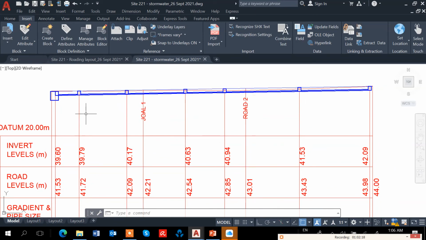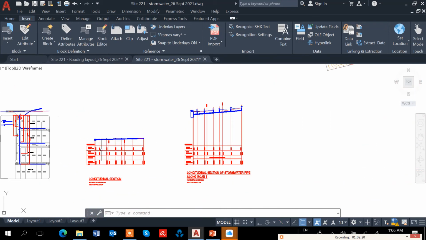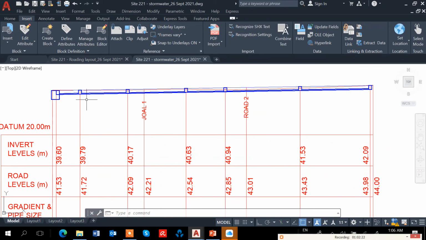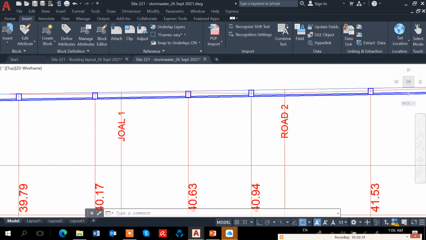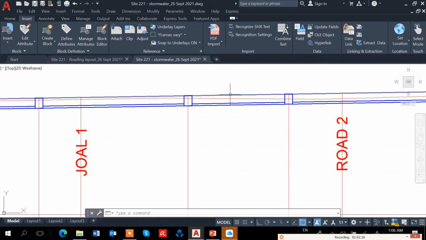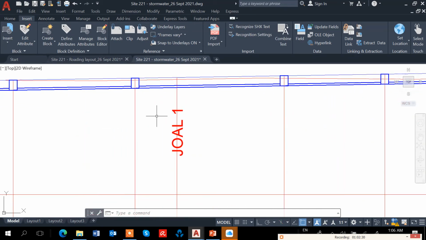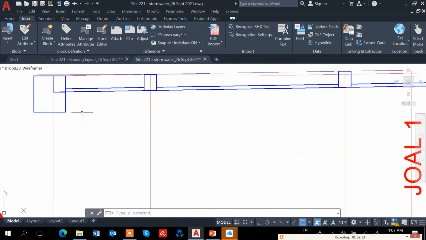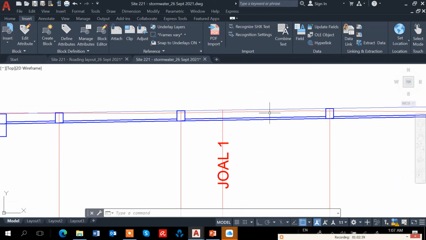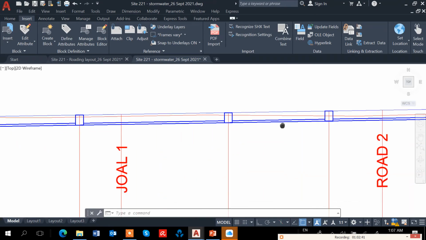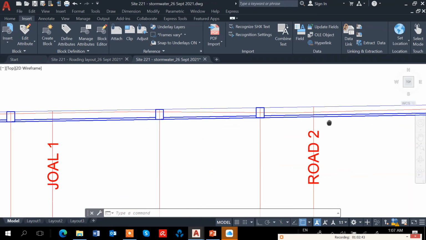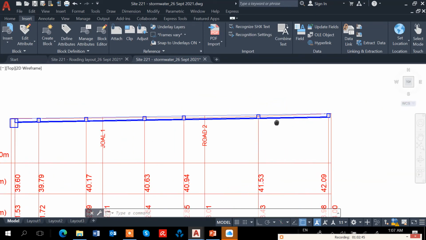To determine it, I know the road level from the previous road layout, and then I just determine the first point here. Once I have the first point, I know the slope is the same as the road, so I just do the same slope until the end.